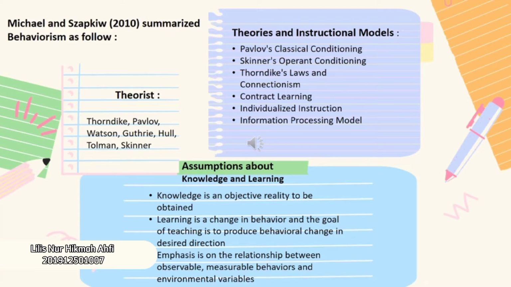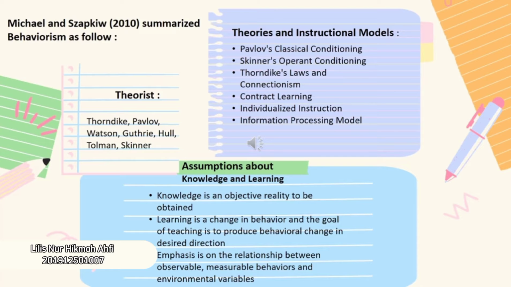Michael and Zepkio, 2010, summarized behaviorism as follows. The theorists are Thorndike, Pavlov, Watson, Guthrie, Hull, Tolman, and Skinner. Theories and instructional models: Pavlov's classical conditioning, Skinner's operant conditioning, Thorndike's laws and connectionism, constructivist learning, individualized instruction, information processing model.